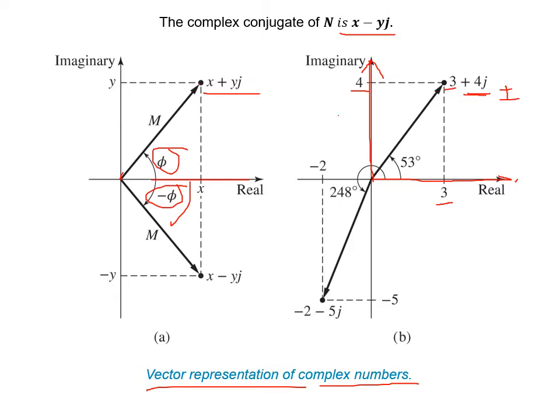If we're down here, and let's just say we have a negative 2 on our real axis and we go down a negative 5 on our imaginary axis, our phi is still measured from our real axis. So we go all the way around to get this angle, which is 248 degrees. It's not just this small angle here, it's from the real axis up here. That's why we have 248 degrees for our phi value.